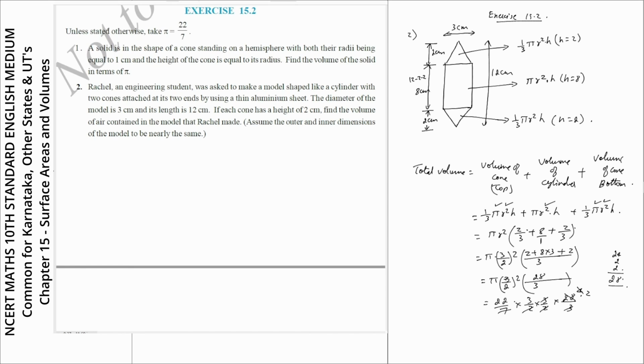Now again this 2 will get cancelled with this 2. I am left with 22 into 3, so this is equal to 66. 66 means 66 centimeter cube. Okay, since the dimension is given in centimeter, the volume will be in centimeter cube.